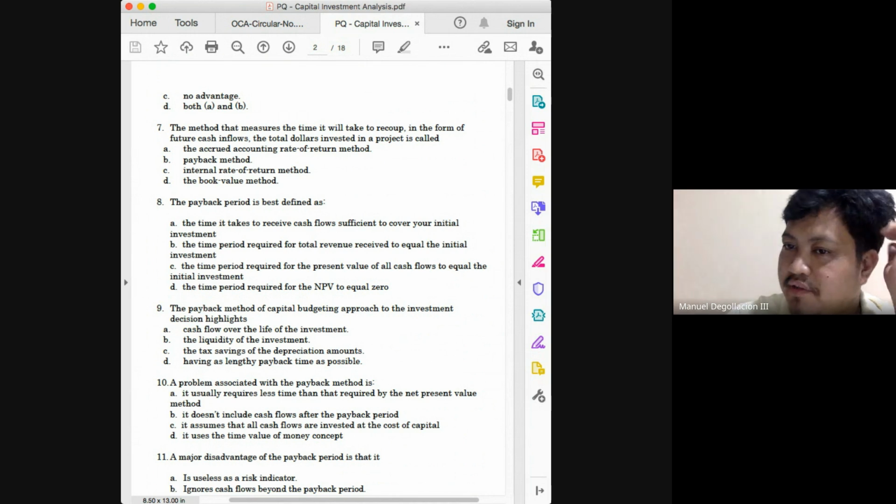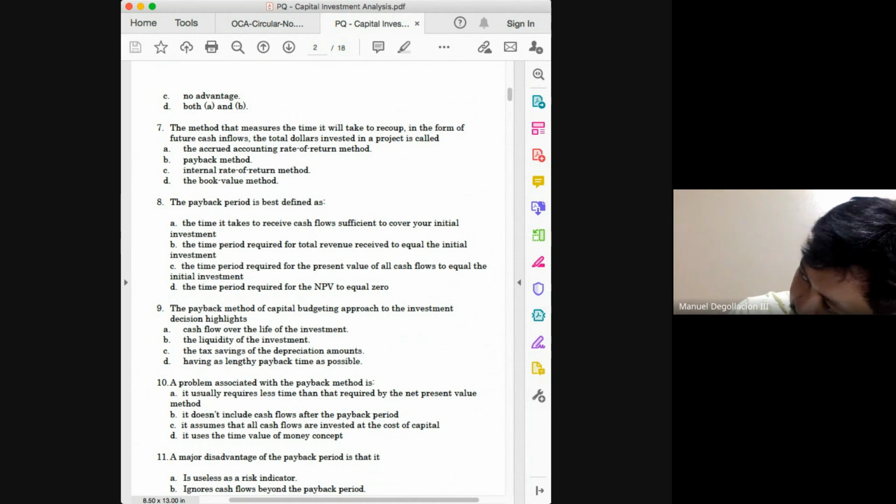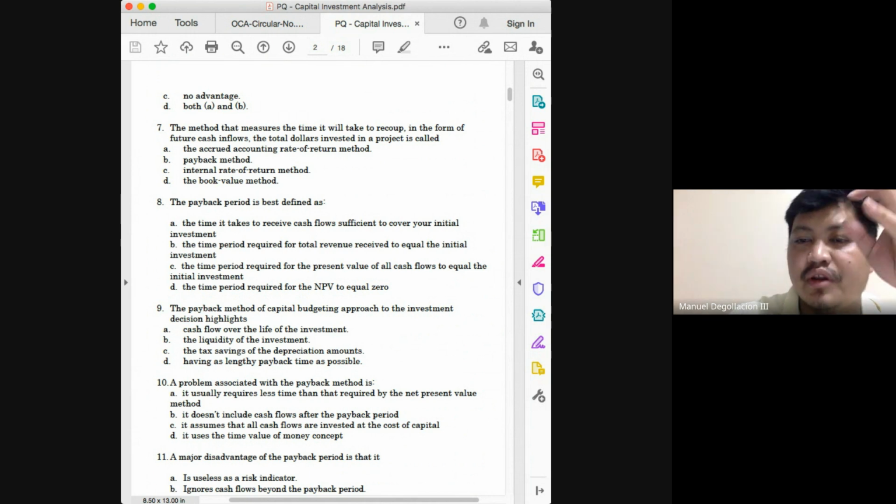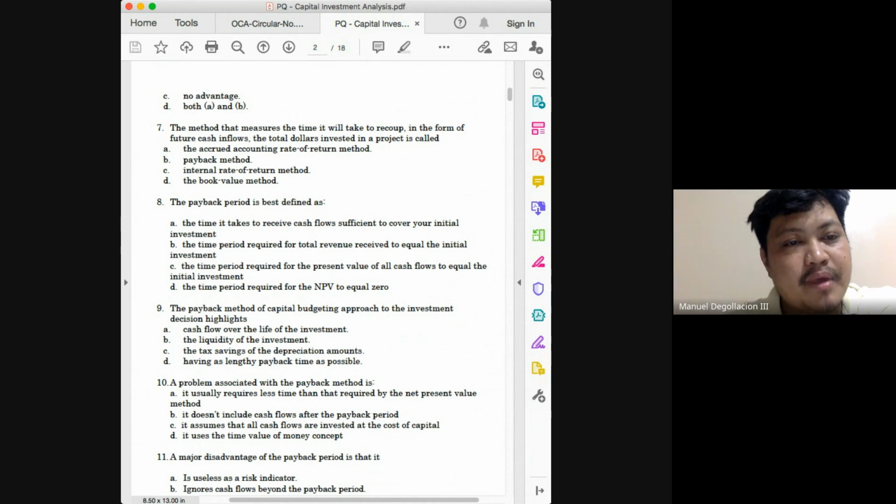So at this point, you're being reintroduced to three methods already: the net present value method, the internal rate of return, and your payback method. There's also a variation of the payback method, your discounted payback method, that instead of using the absolute value of the inflows, you will get the present value of the inflows.